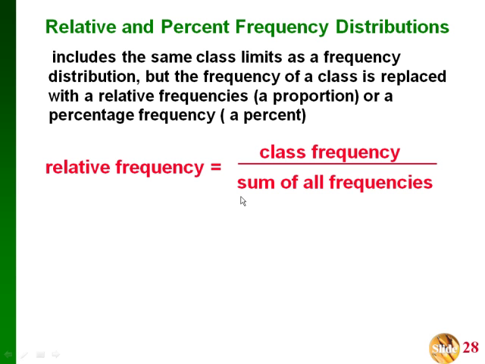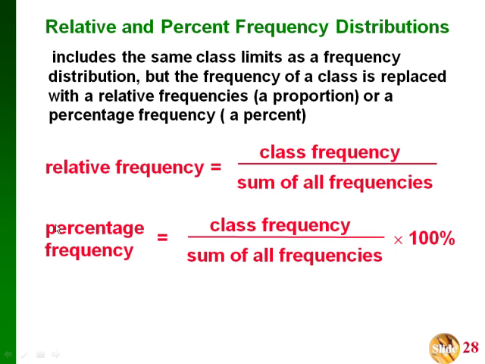So in other words, take all the frequencies and add them up. Get the total, and then for each class, to get its relative frequency, you divide that class's frequency by the total. To get a percentage frequency, you just take those relative frequencies and multiply by 100. All you're doing is converting from decimal form to percentage form.